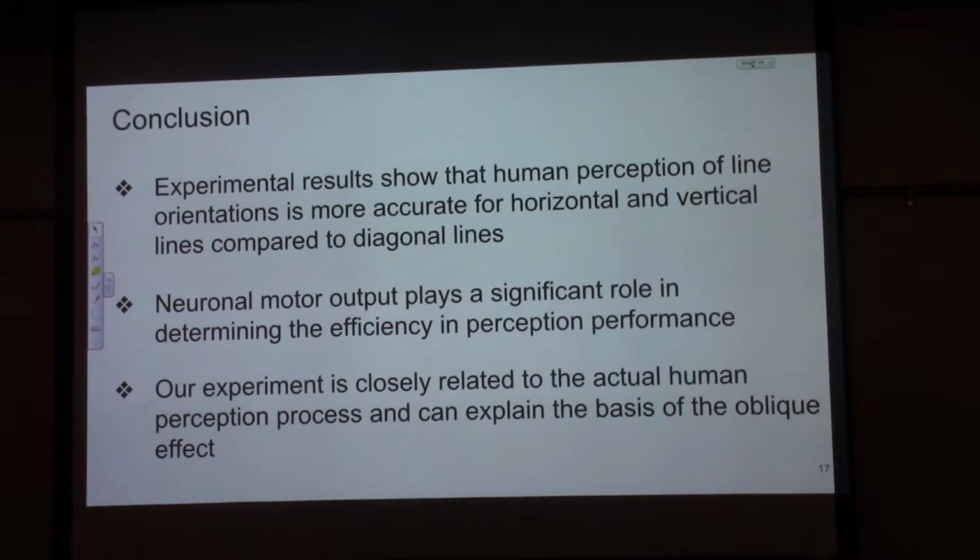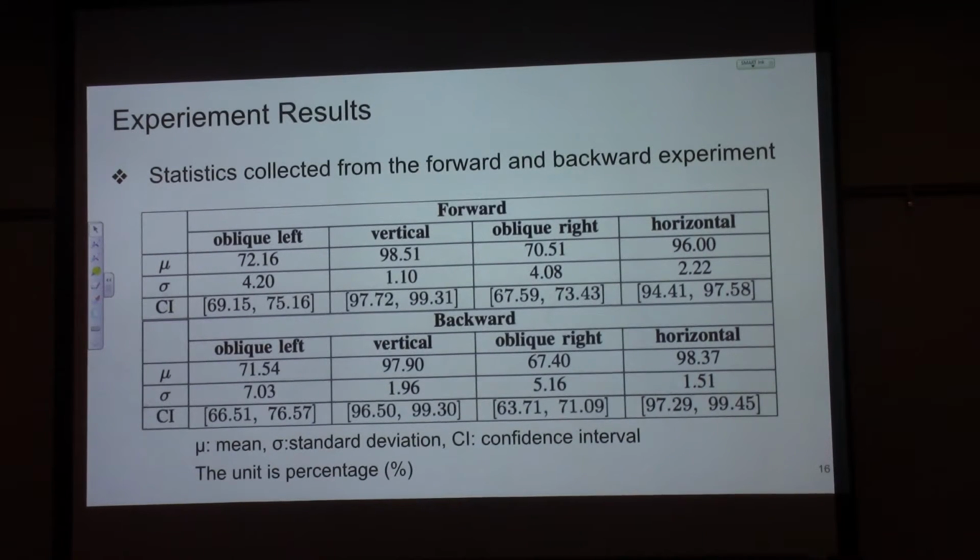The explanation for this result is that oblique left and oblique right movements are very imprecise, so it results in very bad sampling of images, creating a lot of noise. Whereas for vertical and horizontal movement, at one point you have multiple sampling of images, so it increases the quality of the images.